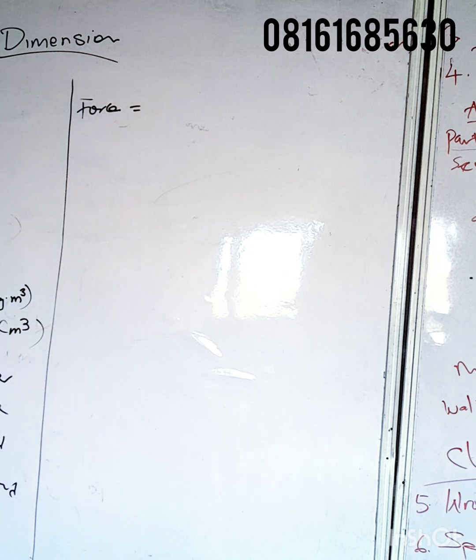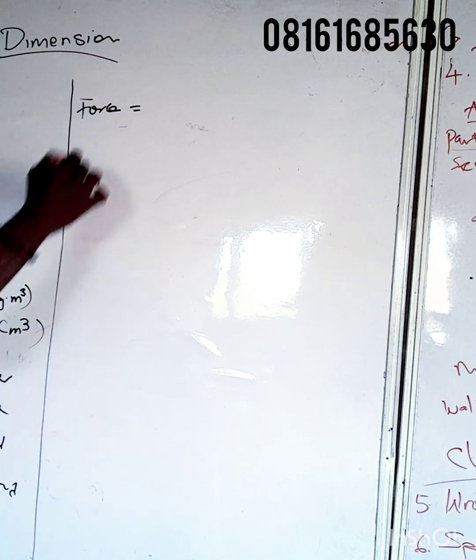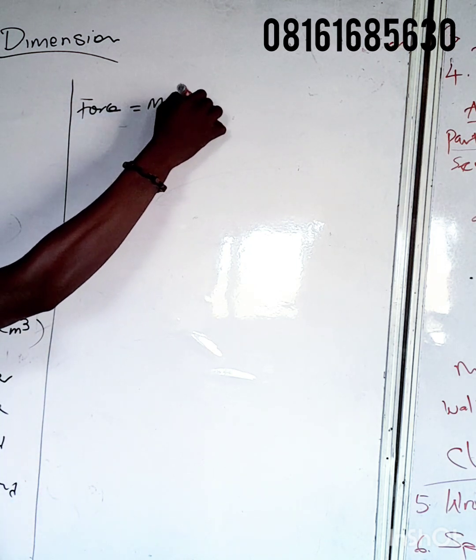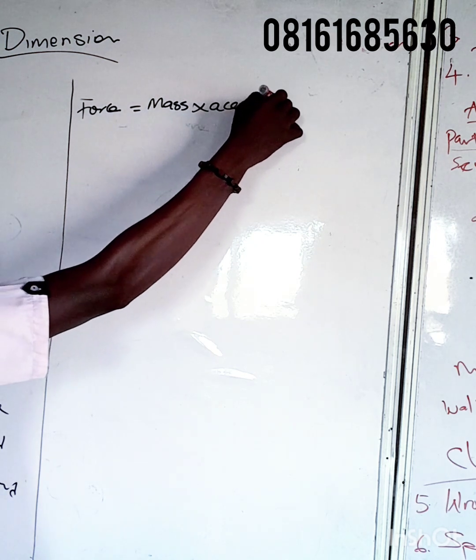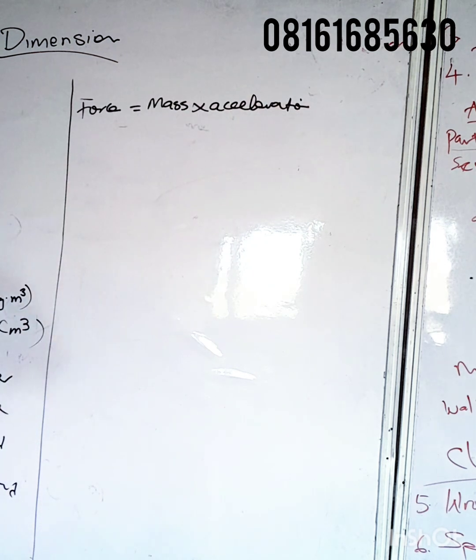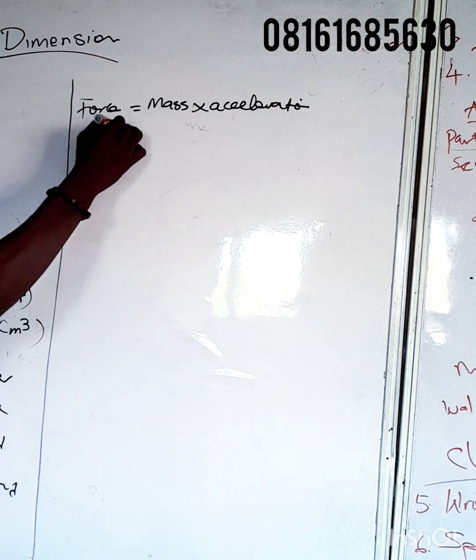Are you with me? Yes, sir. Look at the board. Force is mass times acceleration. Depends. If you are dealing with acceleration due to gravity or you are dealing with motion on a straight line, it is the same unit.